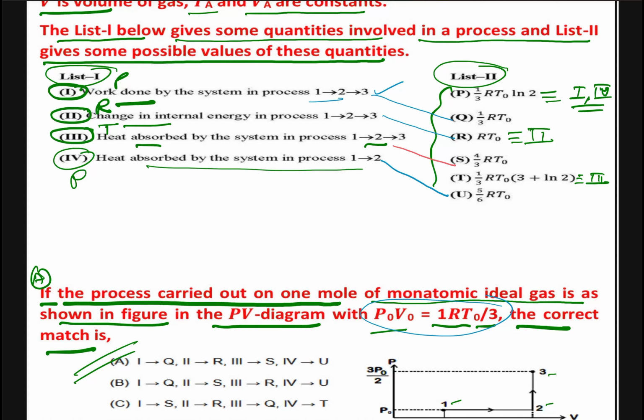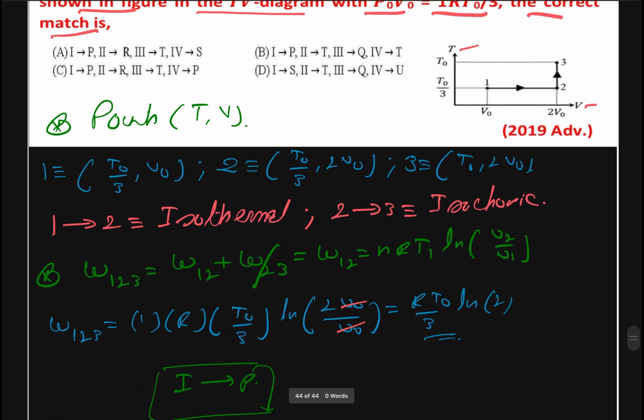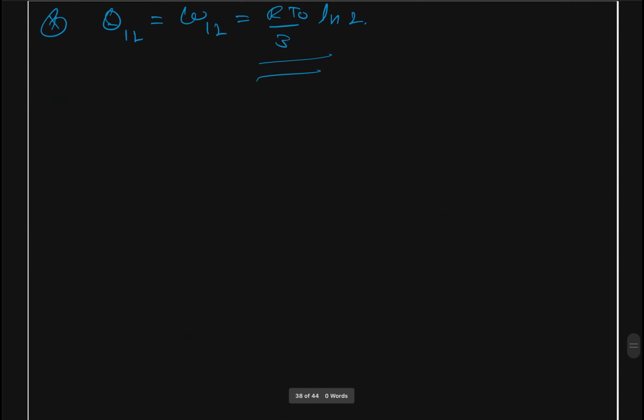Okay, so we have to check PRTP. So we have PRTP, so option C is correct.